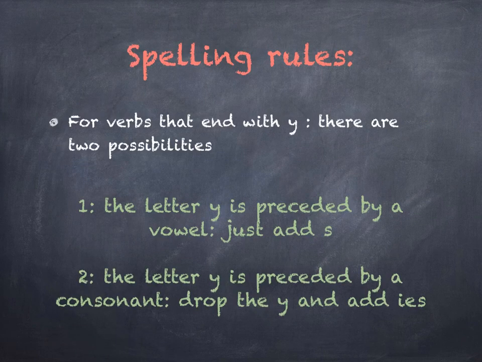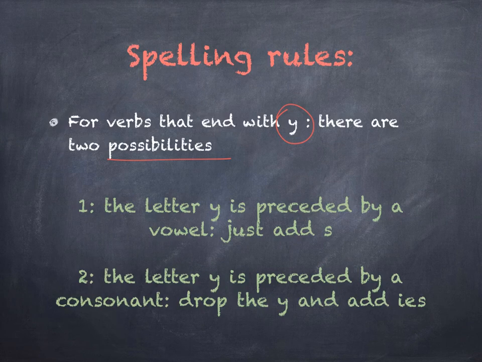Also, in the affirmative form, there are some spelling rules that you must remember. If the verb ends with Y, you will see there are two possibilities for writing the verb in the third person singular.